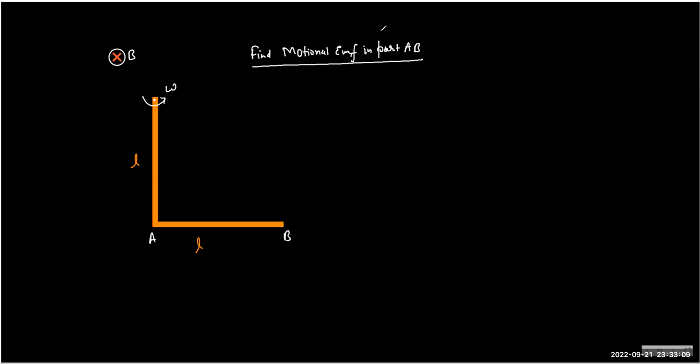Just draw it mathematically. Take any point, a small portion. So while calculating, you have to take the component which is perpendicular to the rod AB, the elementary part which you have to get. Okay, sir.